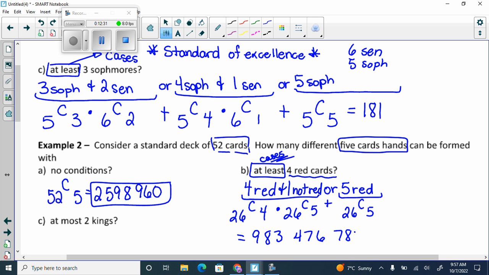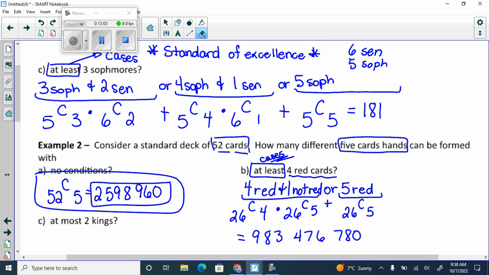Something was wrong. I think it's one of the 5s twice. I was like, you can't have more than 2,598,960 because this is the maximum number of hands with no restrictions, right? So when I'm seeing 983 million, I'm like, we are way higher than what we can max out at. There's a problem. I couldn't figure out the problem, but you did, which is good. But when you have no restrictions, you know that's the one you can max out at.